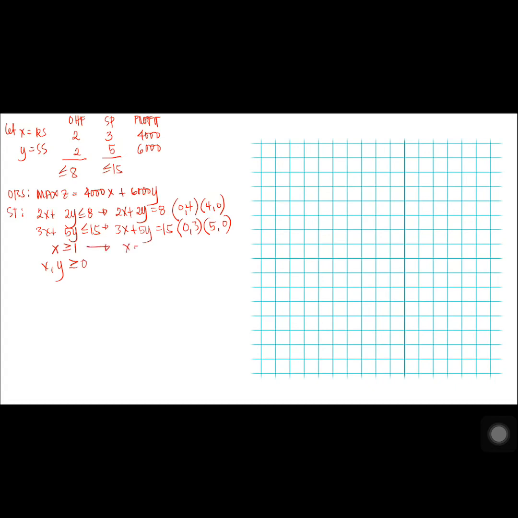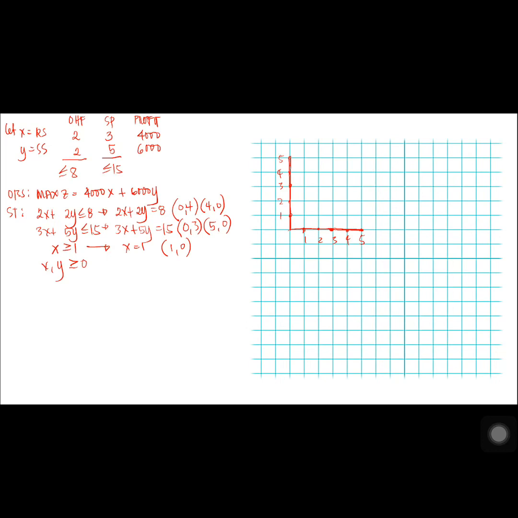For this one, of course, this is x is equal to 1, so this is 1, 0. Okay, so let us graph our constraints. That's 1, 2, 3, 4, and 5, then we have 1, 2, 3, 4, and 5.